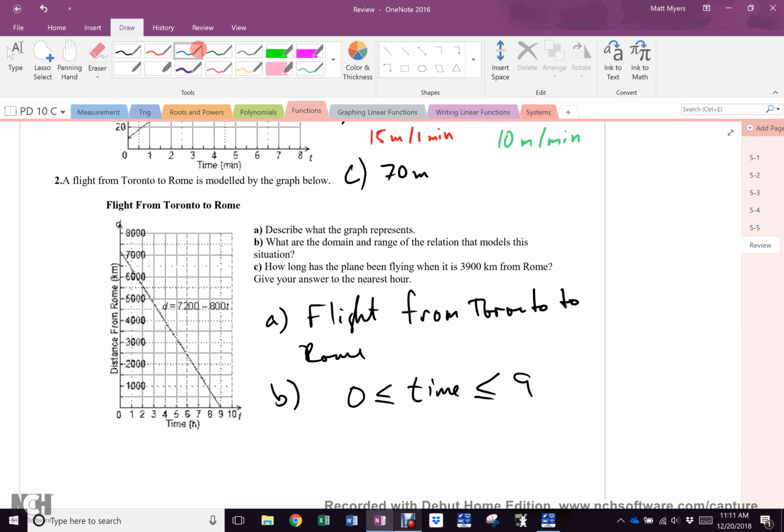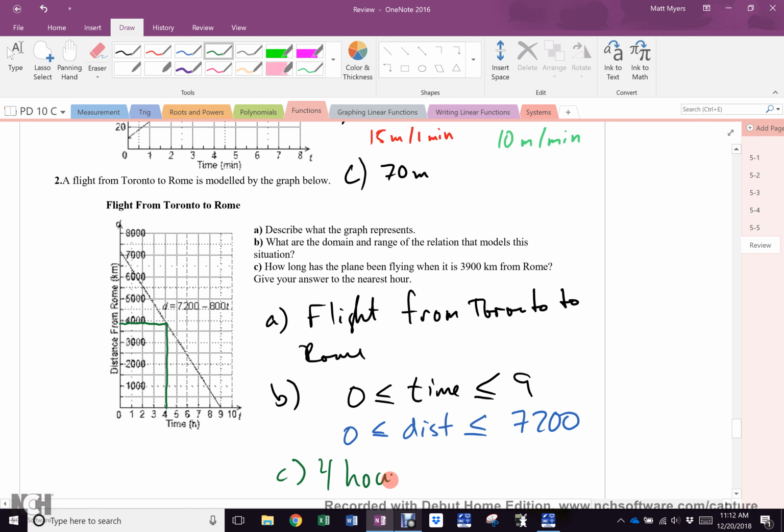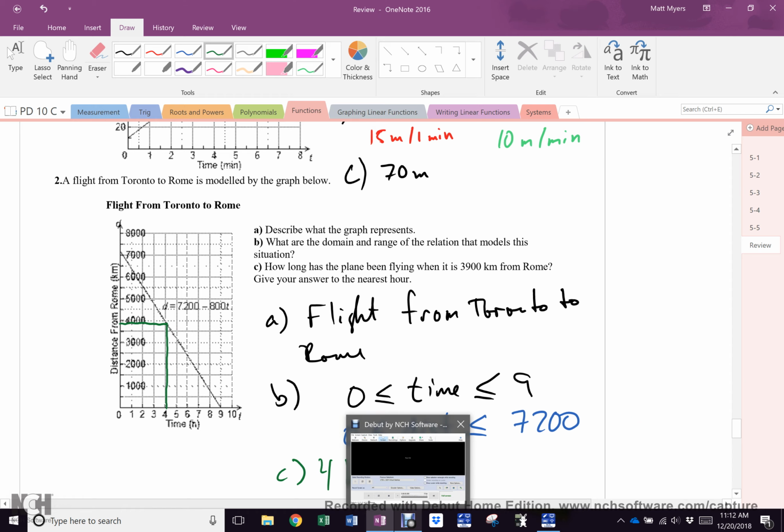And the range is 0 less than or equal to distance less than or equal to 7,200. And C, 3,900 kilometers from Rome. 39 is right there. Down 4 hours. And that's it.